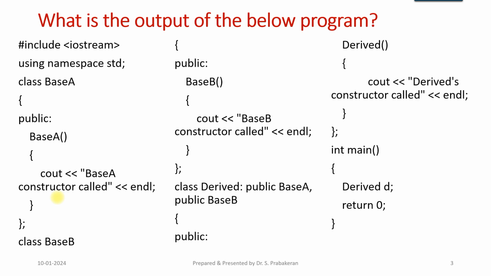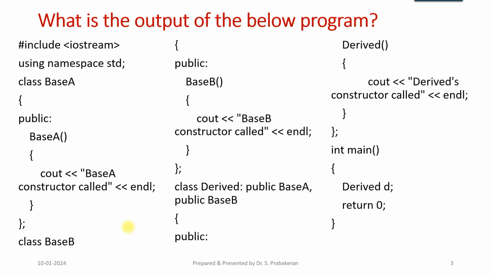We have a base class called Base A, and another base class, Base B. Now we have a derived class called Derived that publicly inherits from both Base A and Base B, and the key focus is on understanding how constructors are called when an object of a derived class is created.